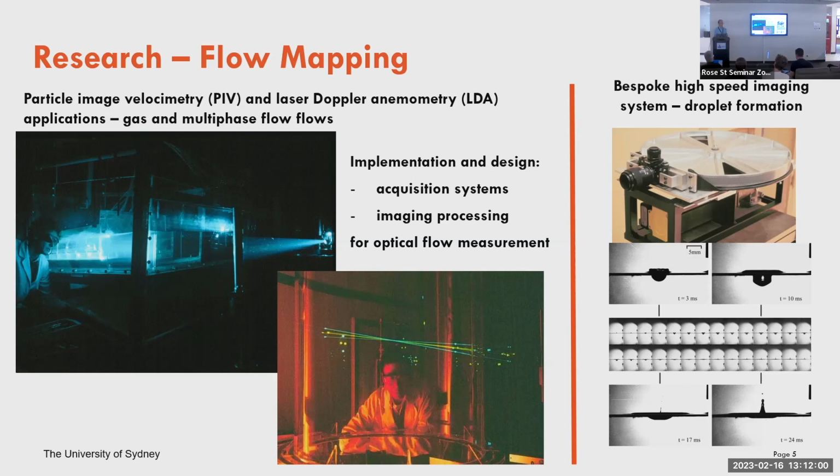We did that internally in the faculty, and we used it to measure droplet breakup. There was quite a lot of numerical work going on trying to simulate droplet breakup when you get an impact on a free surface, and there was not a lot of data in particular situations. We ended up developing our own camera and getting data and comparing it to numerical methods. So that's quite an interesting instrument to develop for vision.